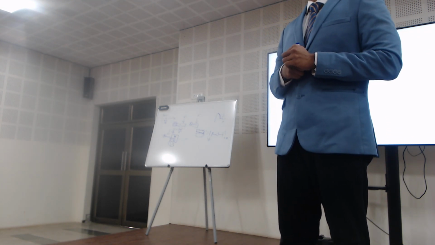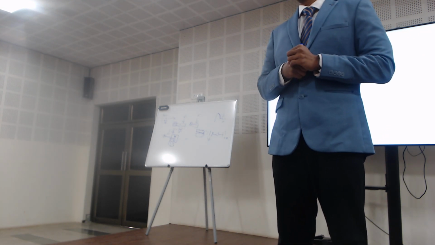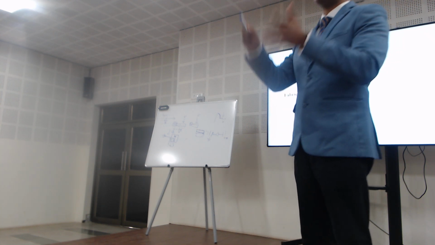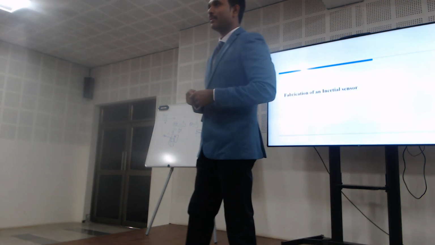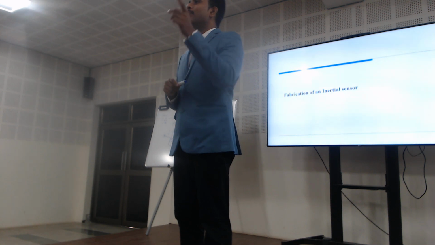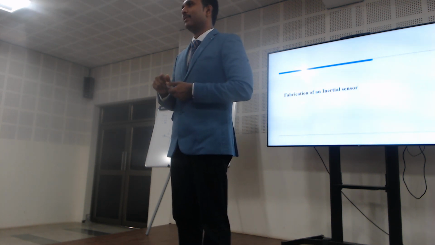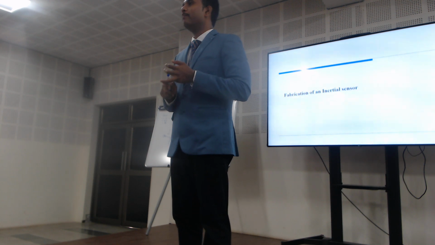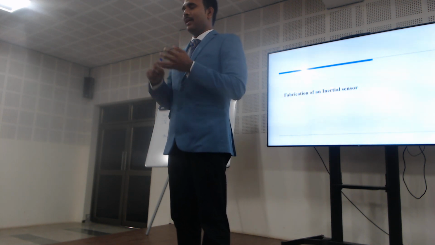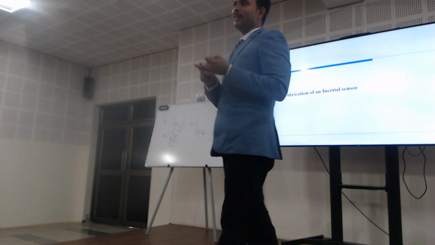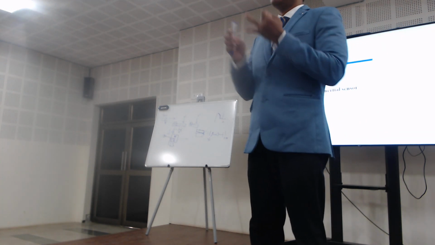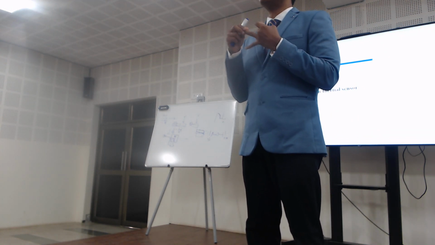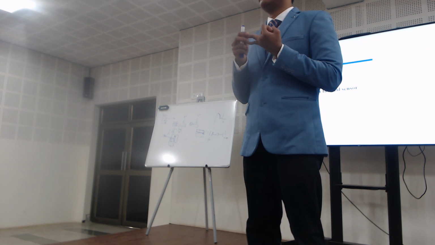The first one is SOI MEMS fabrication, silicon on insulator micromachining. The second one is piezo MEMS, piezo micromachining. These two are for movable sensors only. The first is for capacitive sensors and the second is for piezo sensors.